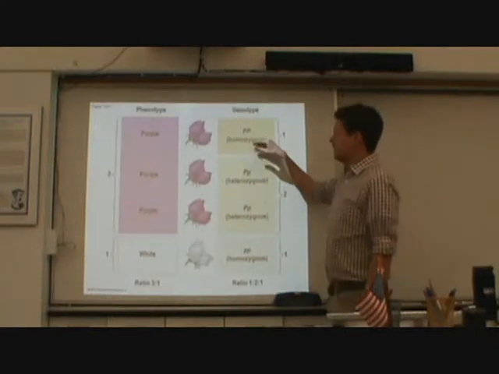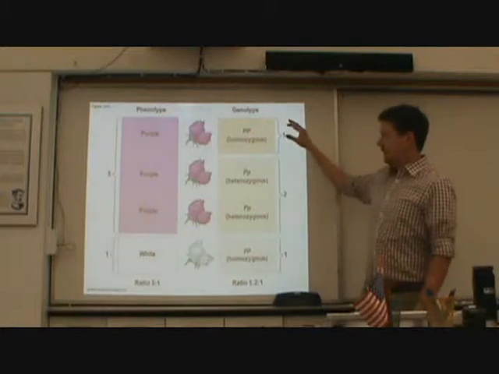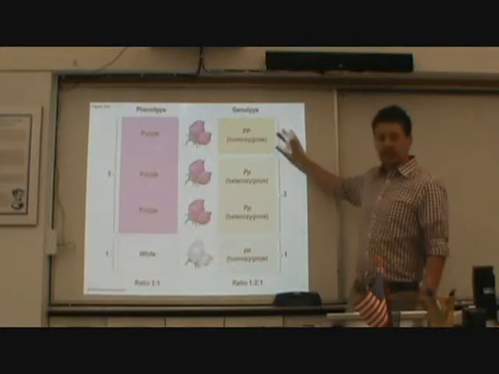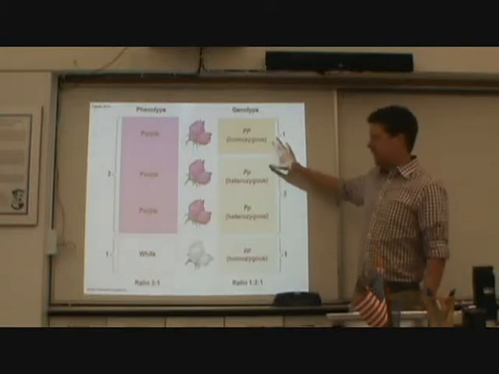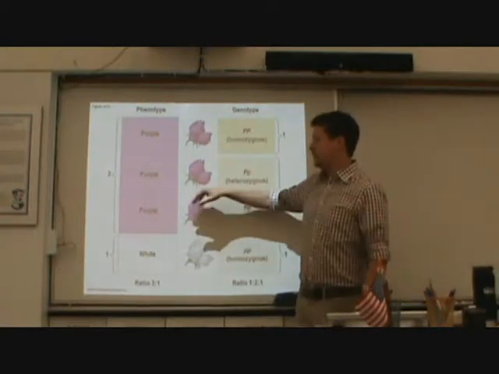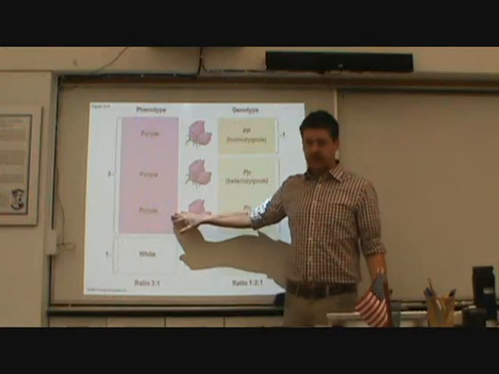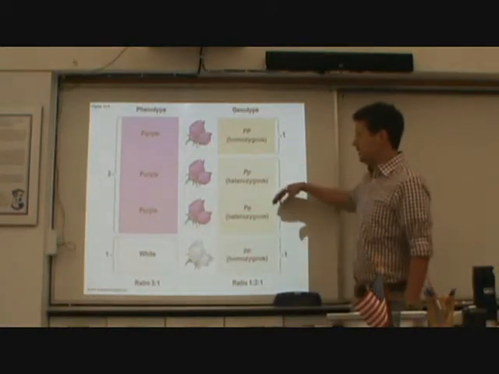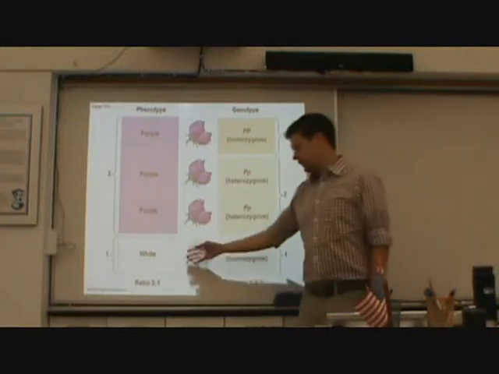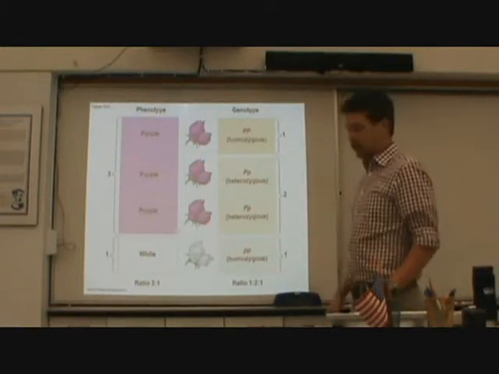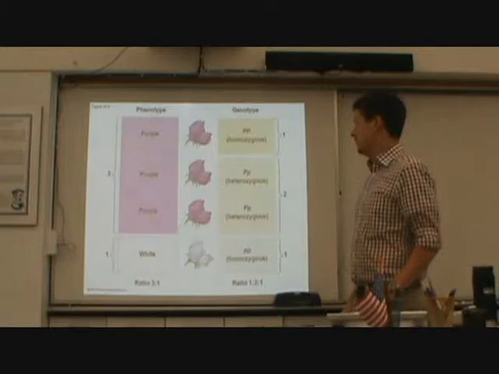So here you go. You can have either a homozygous dominant or heterozygous plant that's going to have purple flowers. In that case, the phenotype is purple flowers, the genotype is homozygous dominant or heterozygous. And then you can also have, of course, white, but only with the homozygous recessive genotype.